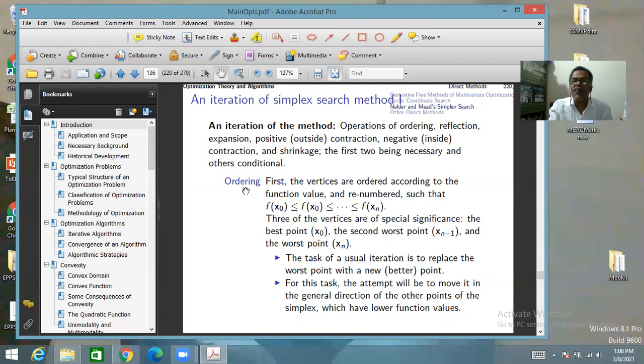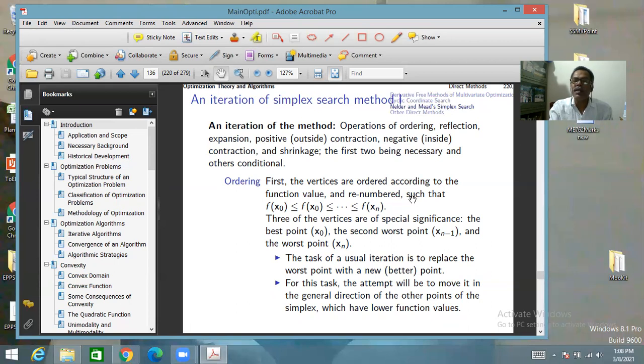So first, ordering. The vertices are ordered according to the function value and renumbered. Some implementations do not bother to renumber, but just flag this is best, this is worst, and so on. But it is more straightforward if you renumber.